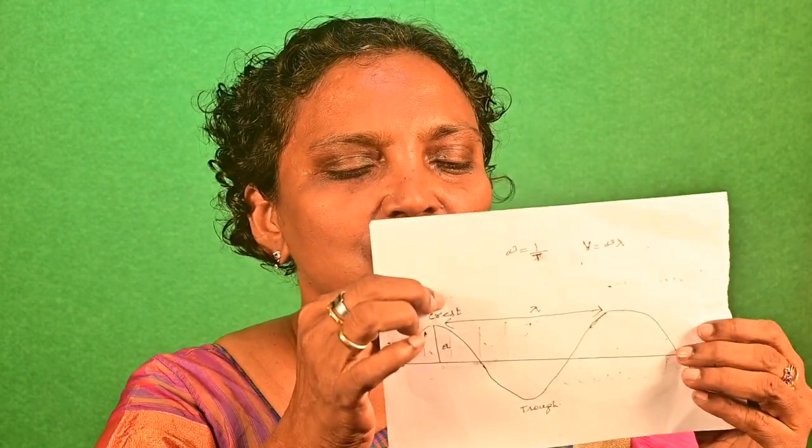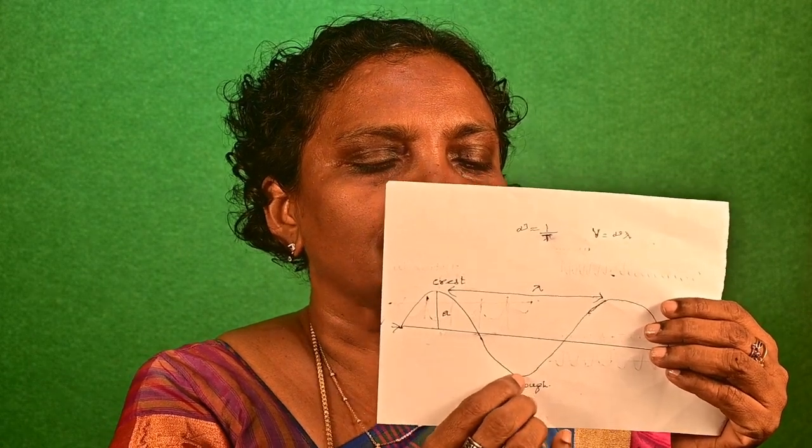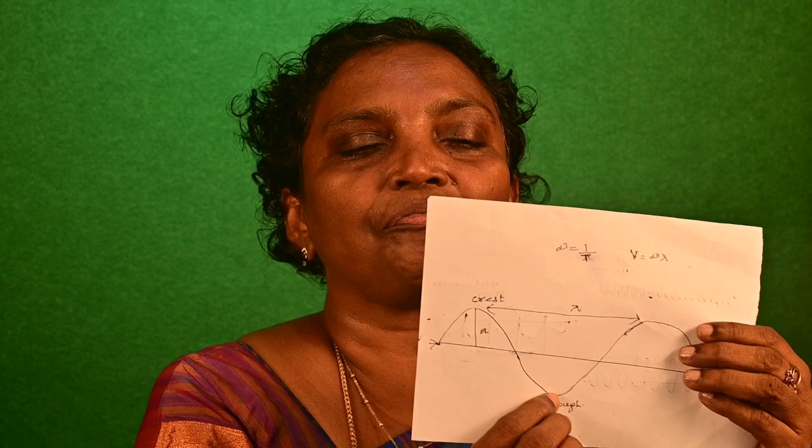Now we have defined wavelength, the distance between two successive crests or troughs. What is a crest? The maximum distance reached by the wave is called the crest, and the minimum is called the trough. So, the distance between two successive crests or troughs is referred to as wavelength.